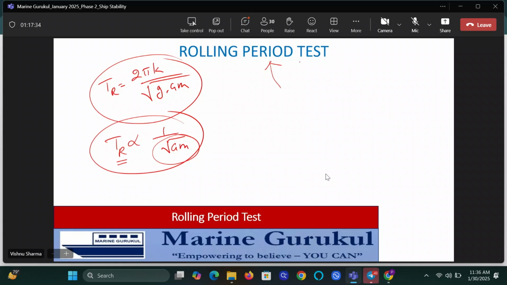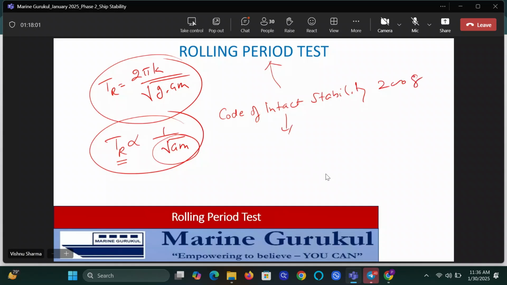Now, guys, like I told you where all the information was picked up for the inclining experiment, likewise, where will the information for the rolling period test come from? Today the Code of Intact Stability in force is which one? 2008, I told you.